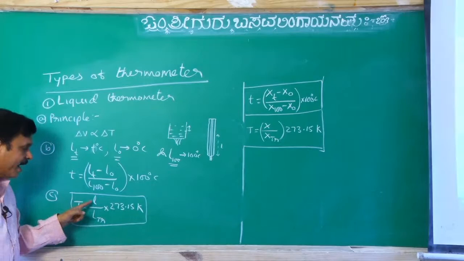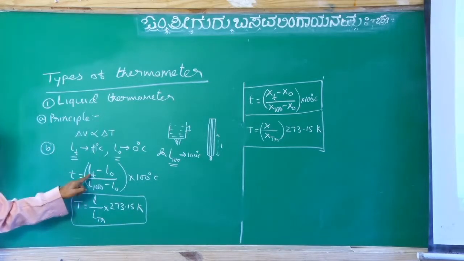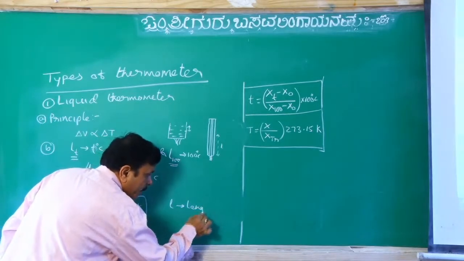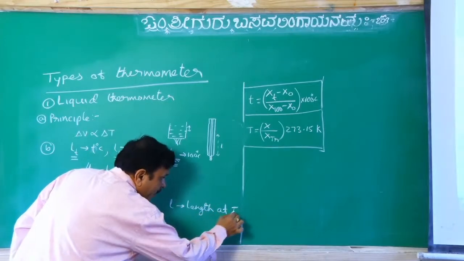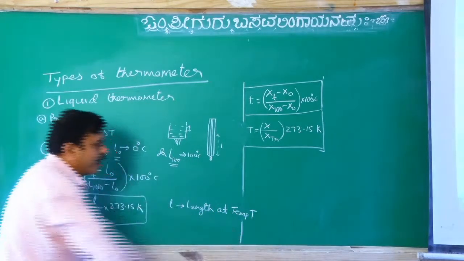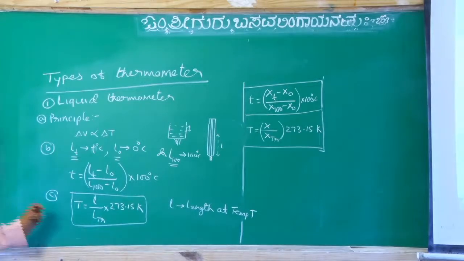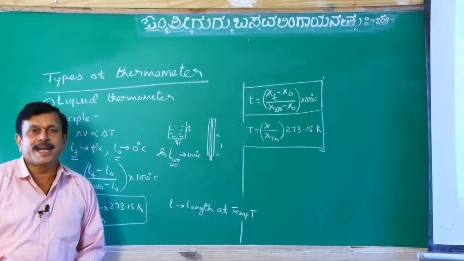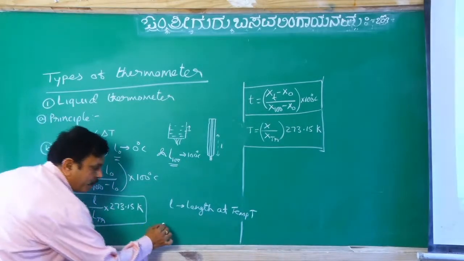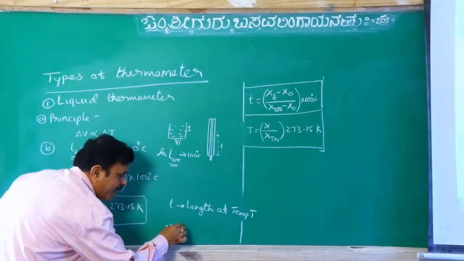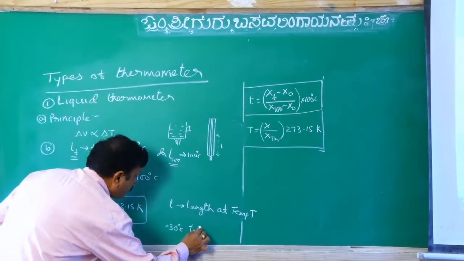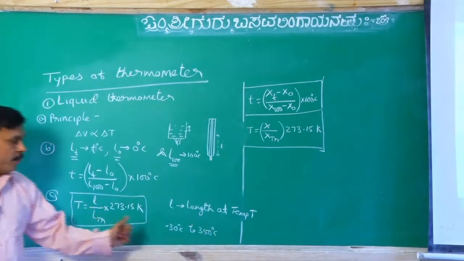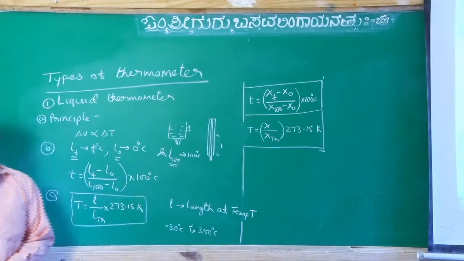Now, what we will find is that this length is nothing but the length at temperature T. And so we can write here, L is the length at temperature T. Well, here this thermometer, the liquid mercury thermometer, can be used to measure temperatures ranging from minus 30 degrees Celsius to about 350 degrees Celsius. For lower temperatures, this device is not suitable.